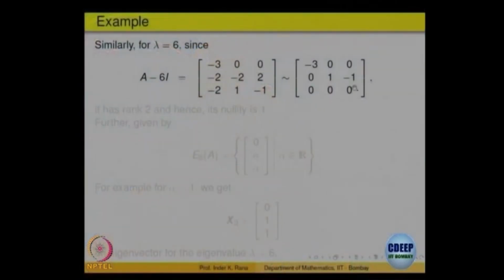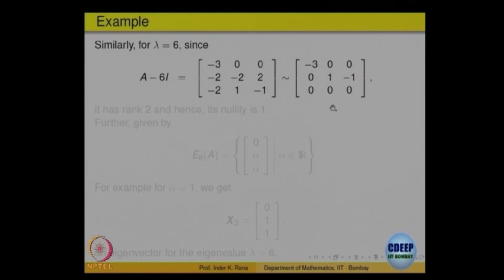So let us compute that. A minus 6I gives you this. Its rank is equal to 2, as it should be, because it is an eigenvalue with multiplicity 1, so nullity has to be at least 1.